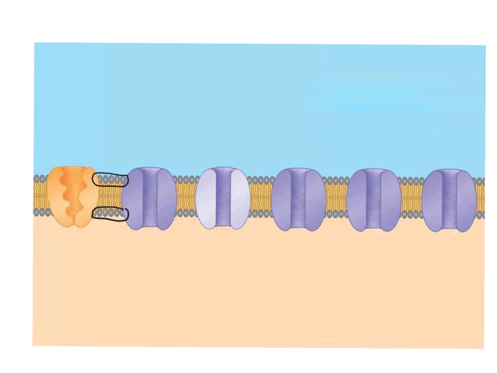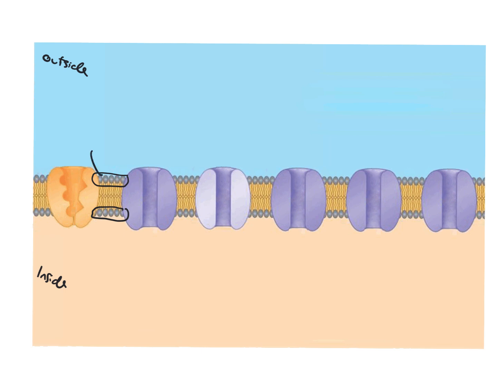So this is the inside of the cell. This is the outside of the cell, but they face outwardly relative to the tails because the tails make up a hydrophobic core.